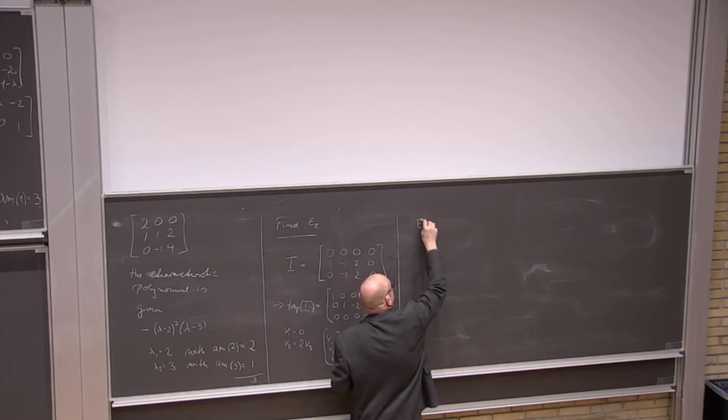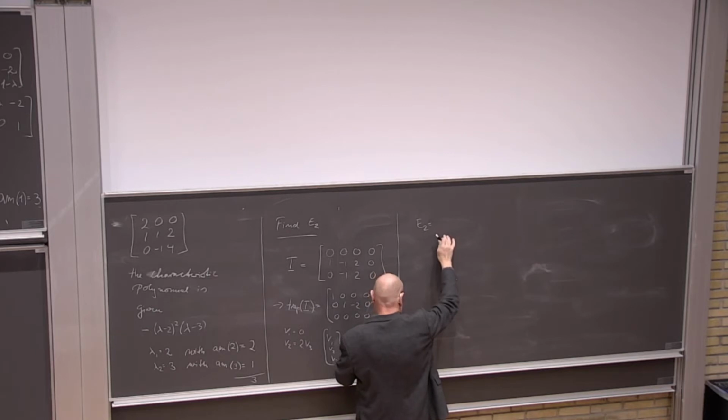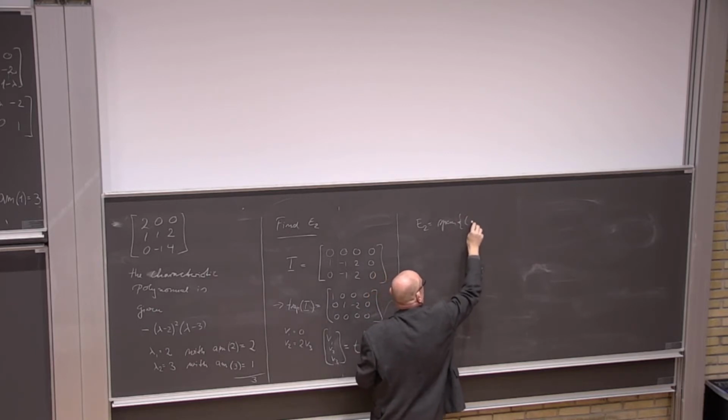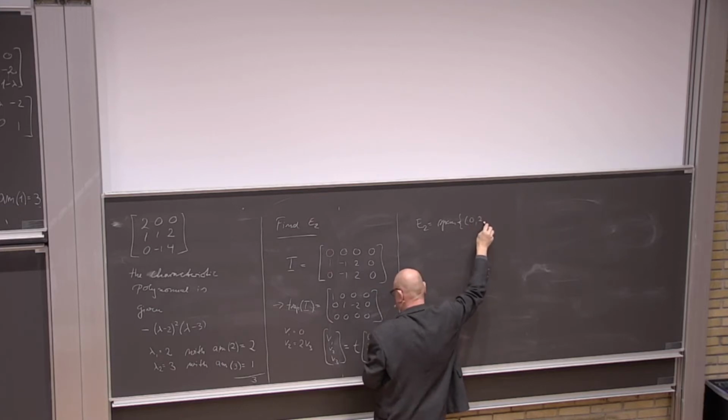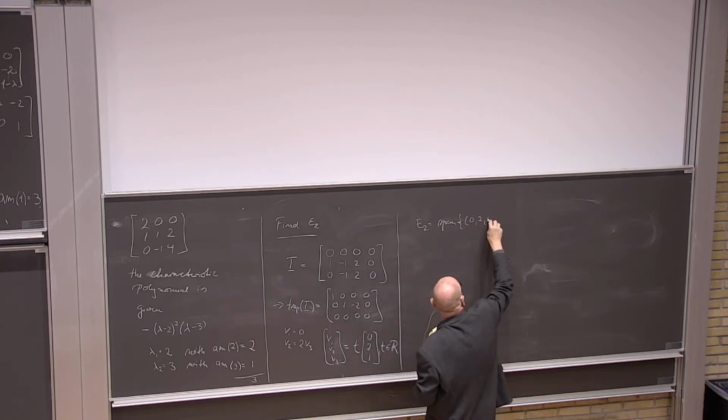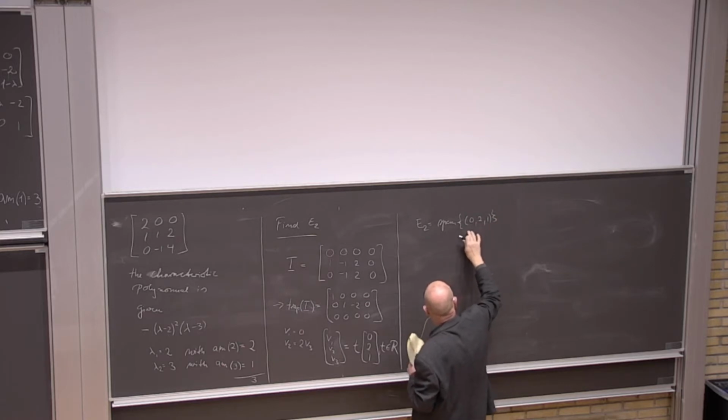So E2 is equal to the span of 0, 2, 1, this vector here.